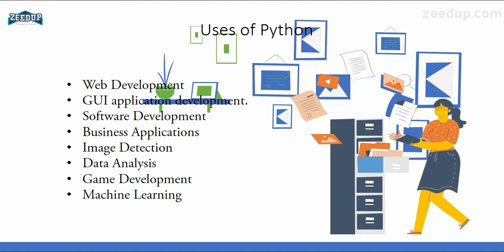Data analysis. If you have heard of this term, data analysis or data science, then you may know that it is the buzzword of the 21st century. Also, data science is termed as one of the sexiest jobs of the 21st century.